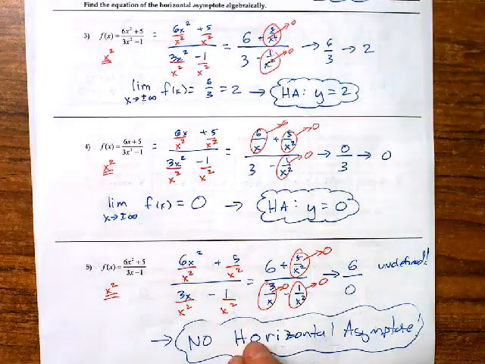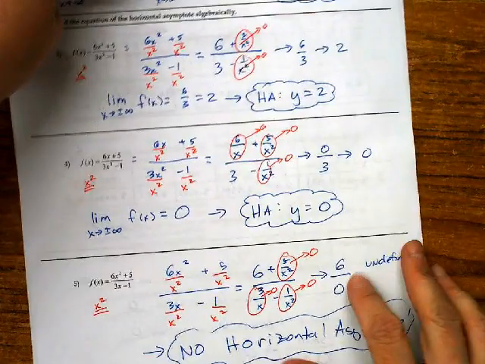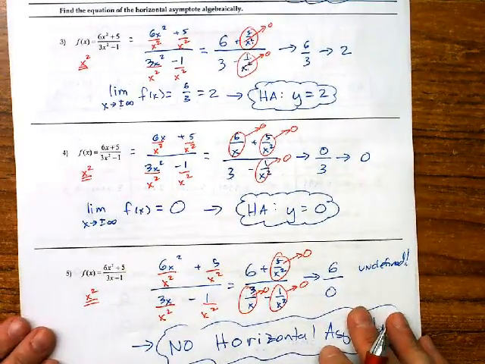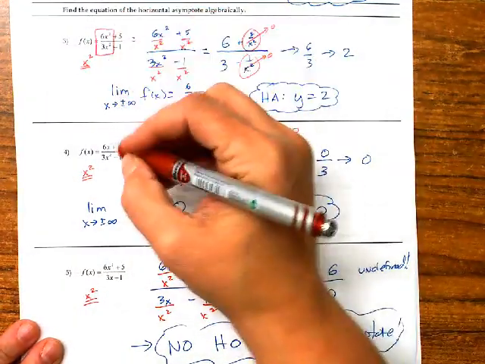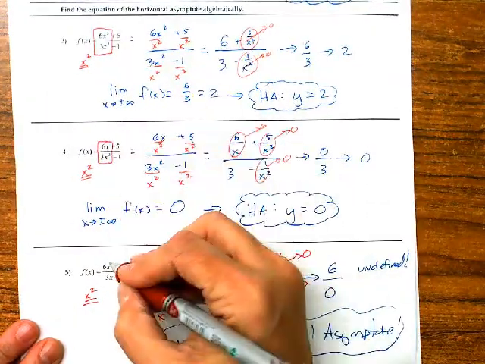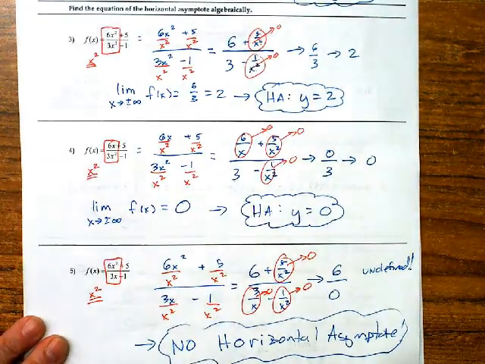Thank you very much. What I'd like to point out, though, is in numbers 3, 4, and 5, I'd like to examine the highest power from the numerator and compare it to the highest power from the denominator. And let's really notice what's happening.